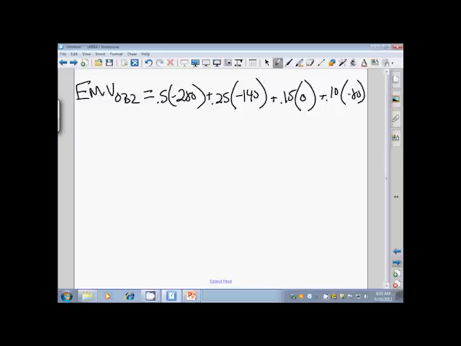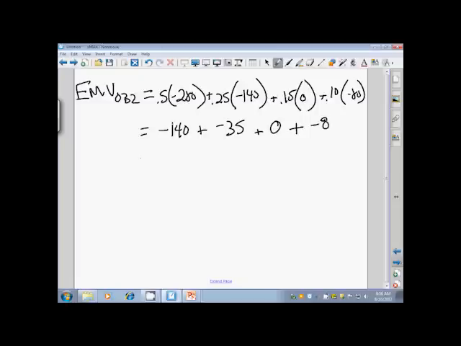Again, I'm going to do it step by step to do the math here. So 0.5 times -280, I got a -140. 0.25 times a -140, I got a -35, plus 0.15 times 0, I actually did it in my head and I got 0. 0.1 times a -80, I got a -8.